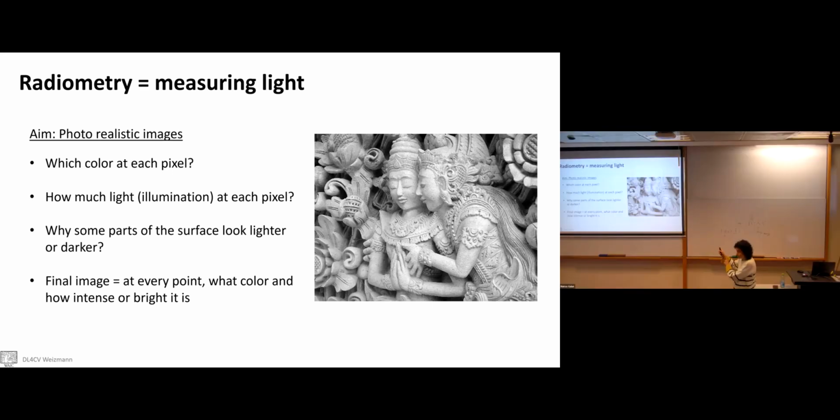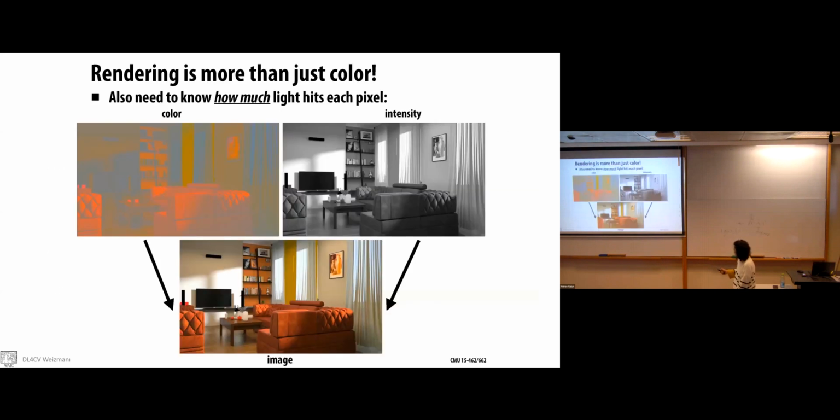Exactly, the angle with respect to the surface, in a minute we'll see it. Actually, for the final image at every point, we would like to know the color and the intensity of the color. If this is the rendered image, the combination between them is going to give us the image itself.